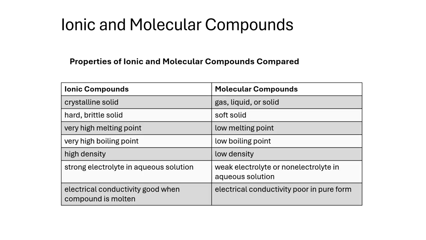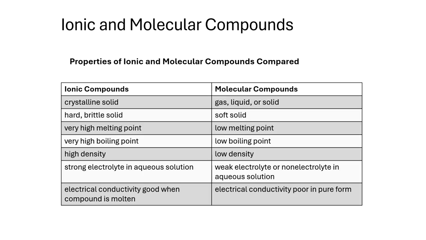They tend to have flat faces. They tend to make nice cubes or hexagons or very regular structures. They are hard and brittle in general. They tend to have very high melting points and extremely high boiling points. They're generally higher density substances. And when they dissolve in water, they form electrolytes. And if you have a pure ionic compound and you heat it up to its melting point, 1,000 degrees, typically that will also work as an electrical conductor.